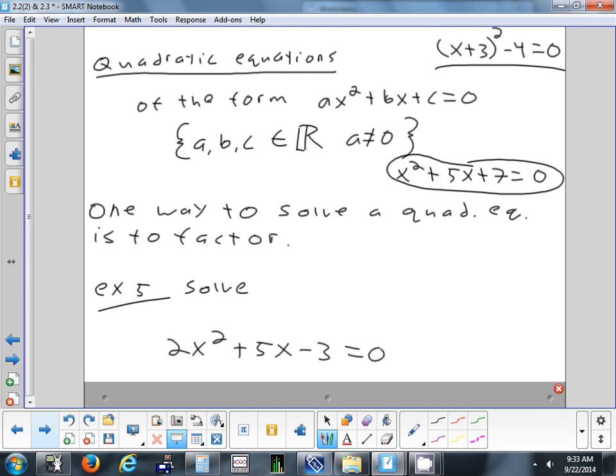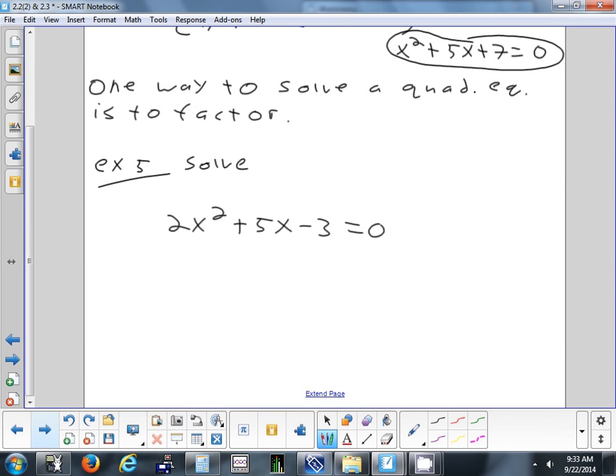Okay, let's try this one. Since the only methods that we know right now, because I haven't taught you the quadratic formula yet, pretend you don't know that. You could try completing the square. Completing the square will always work. It just might not be the fastest way to do it. What's the fastest way to solve a quadratic, if it works, out of the 3 methods that I listed?